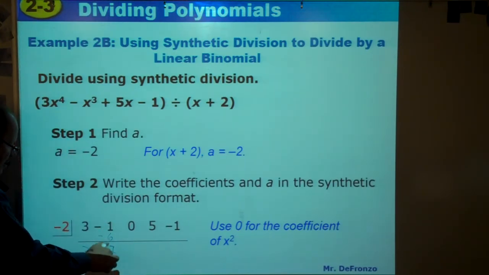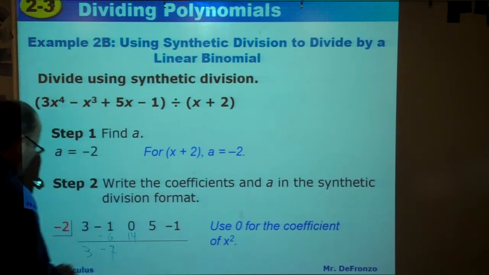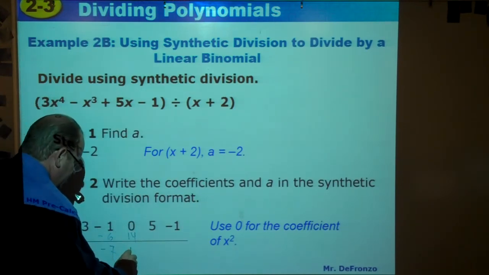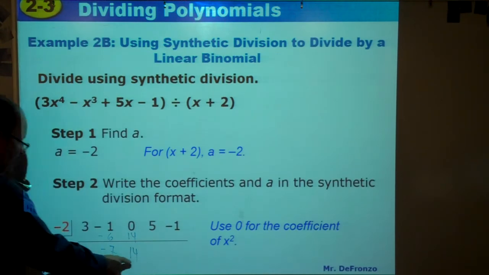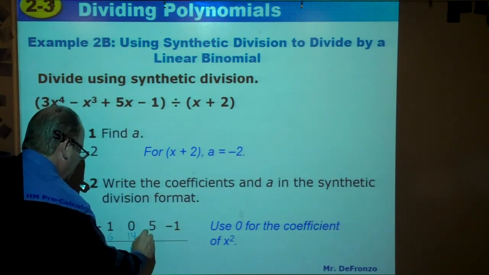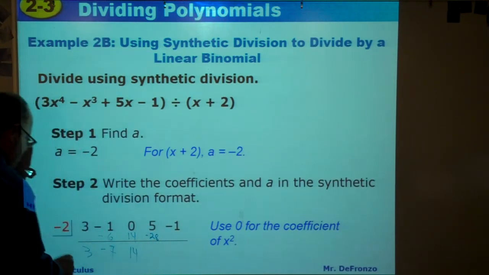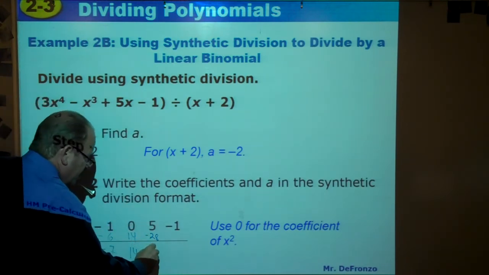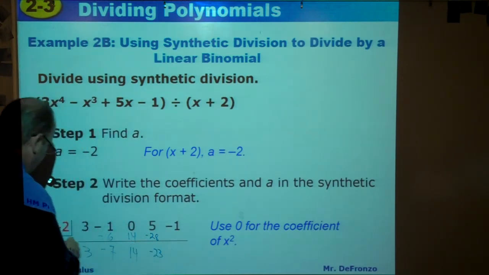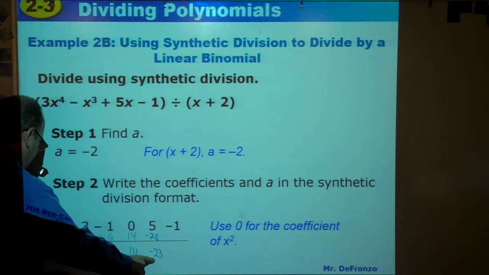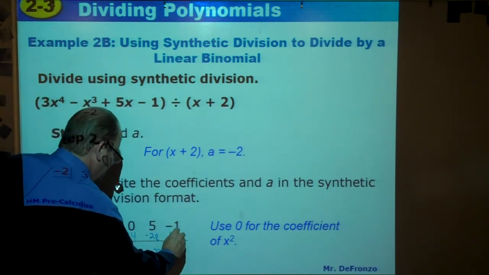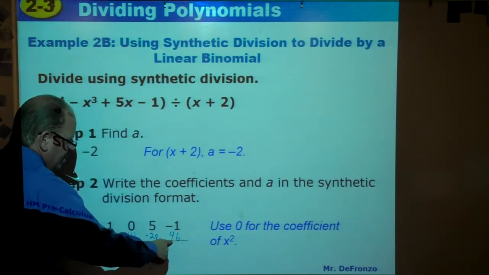Negative 2 times negative 7, positive 14. Combine these. Negative 2 times 14, negative 28. Combine these, negative 23. Negative 2 times negative 23, positive 46. Combine these.